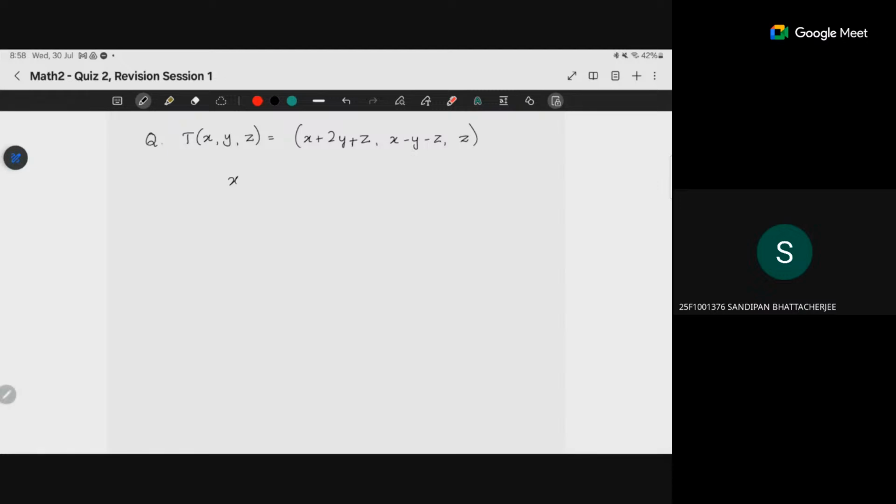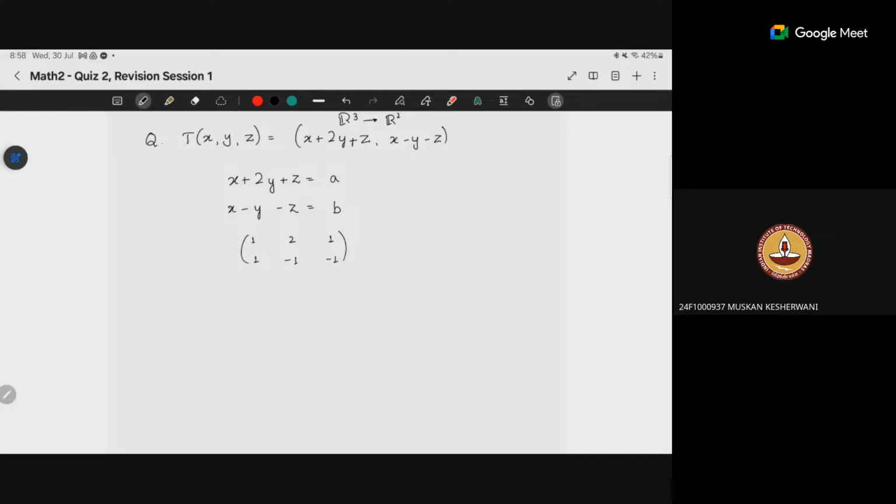Suppose this is from R3 to R2, and I want to check whether this is surjective or not. For arbitrary a and b, I need to be able to solve the system of equations. What is the coefficient matrix in this case? This is (1, 2, 1; 1, minus 1, minus 1).